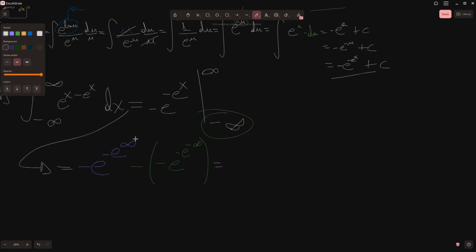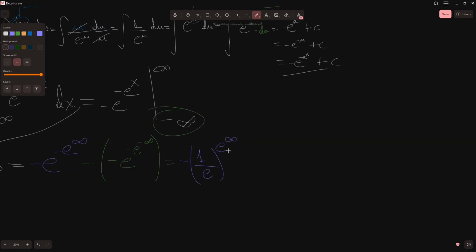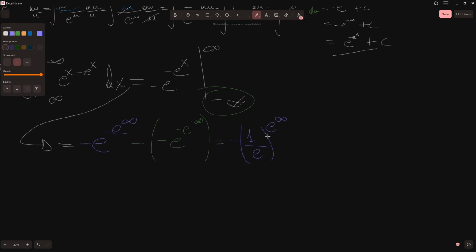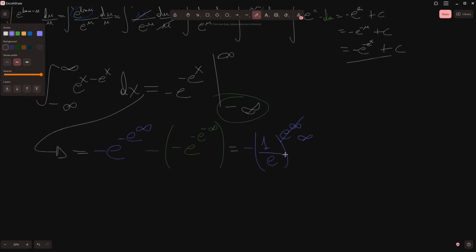And now we can apply in this first term this property. So it should be 1 over e to the infinity, and here we know that e to the infinity is infinity. So if this is infinity, that should be 1 over infinity, which is 0.